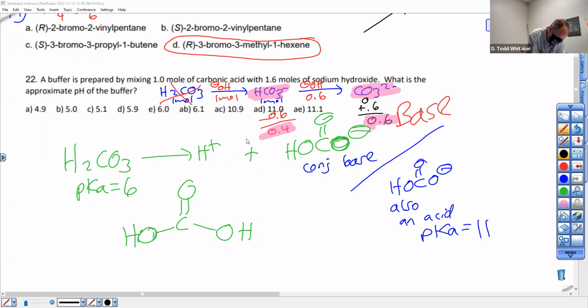How do you know that's the acid? Comparing the two structures, HCO3 minus and CO3 2 minus, which one's the acid, period? The one with the H. So yeah, which pKa is now in play? Don't tell me 6. I crossed it off a long time ago. 11 is in play. Am I above 11 or below 11? I have more base than acid.